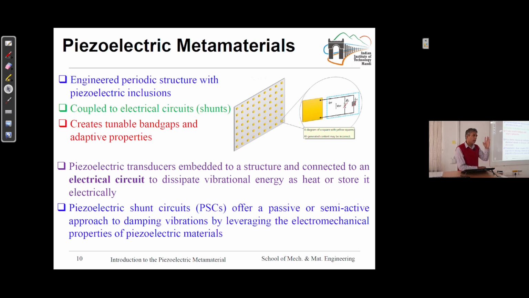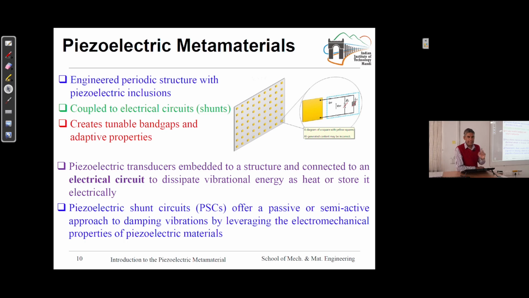This force is applied by an external source, a so-called electric battery, right? The sensor senses the vibrations, but to apply force on the structure we need a battery to supply voltage to the actuator, the so-called piezoelectric actuator.